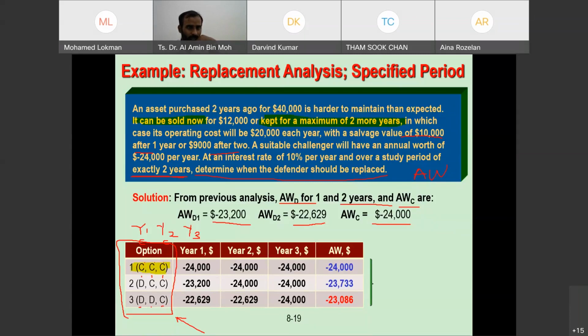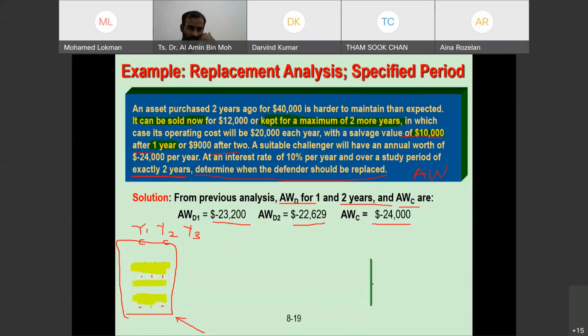The first option is if you sell now, you change it now, or keep it for 2 more years, which is option 3. Or you also can use it for 1 year, because they say after 1 year the salvage value is 10,000, which means you can also sell after 1 year. So that is option 2 here. So these are all the options that can happen, and you should be able to list down the options.